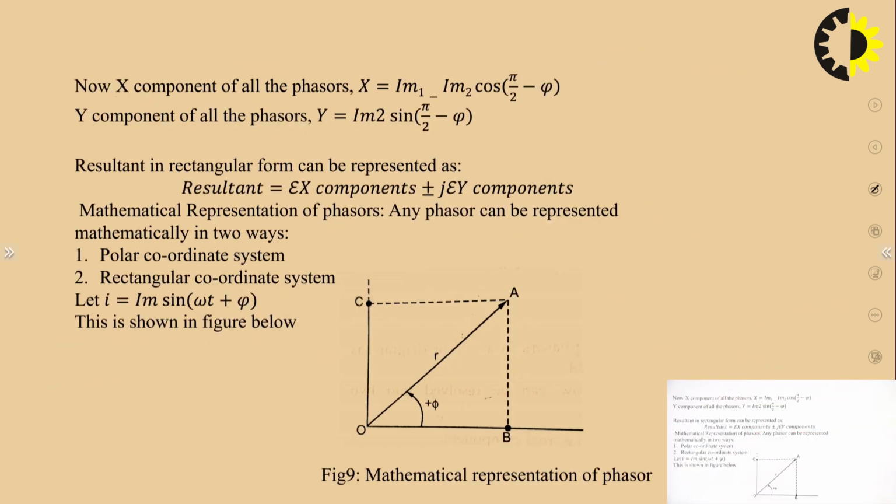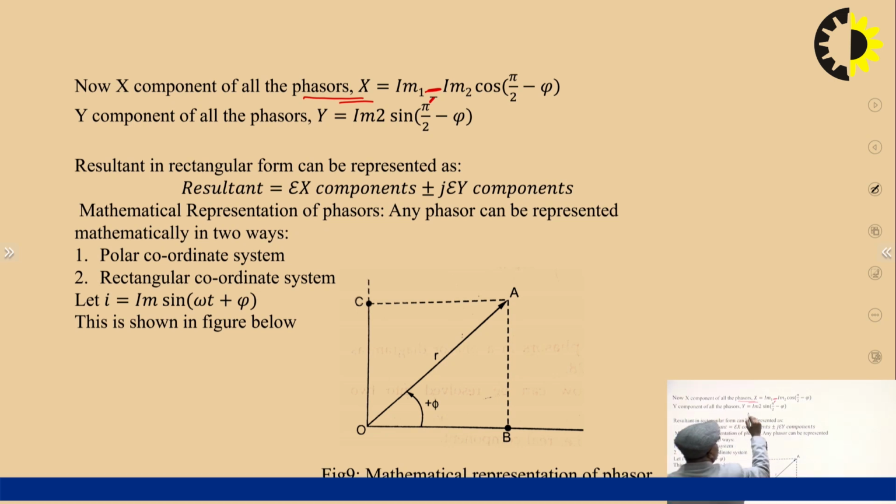So we can write summation x and y here. The component of all phasors along the x axis is IM1 minus IM2 cosine of pi by 2 minus phi, and the component of all phasors along the y axis is IM2 sine of pi by 2 minus phi. So this is the x component and this is the y component.